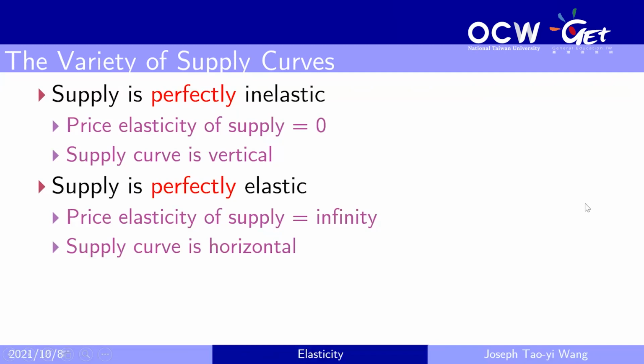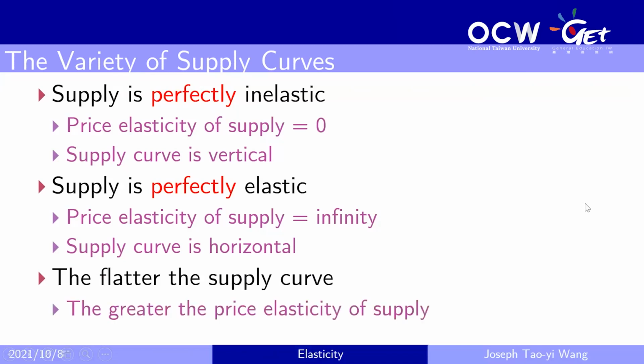If it's perfectly elastic, you have a horizontal supply curve, and price elasticity of supply is infinity. Just like price elasticity of demand reflects how flat the demand curve is, price elasticity of supply reflects how flat the supply curve is. So the flatter the supply curve, the larger the price elasticity of supply.